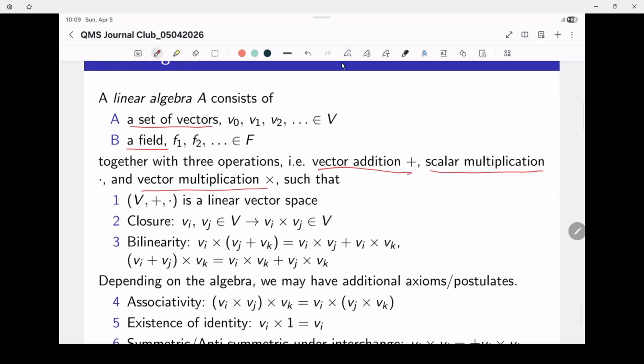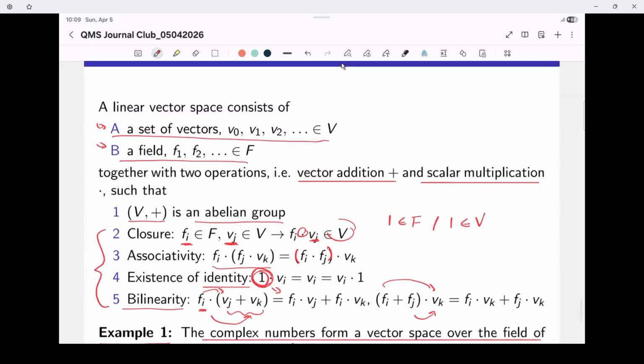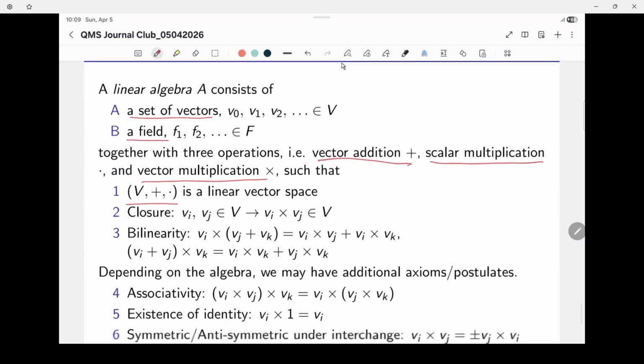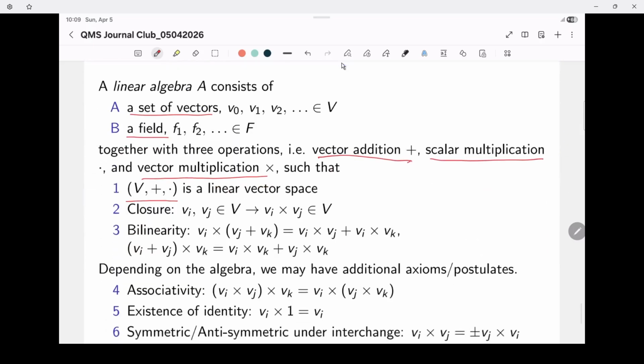Okay. So now your V plus and dot, that will be a linear vector space, which means that it will satisfy all these things. So I don't want to bother to write down all the axioms. Whenever I say V plus dot is a linear vector space, it satisfies all the previous conditions.